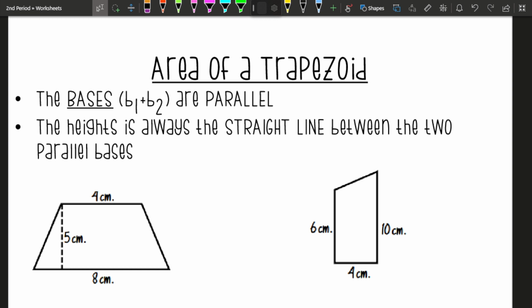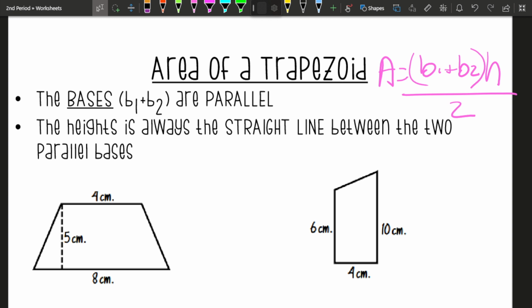So all trapezoids have 2 bases. So that's the first thing that we have to do. And then the height is always a straight line between the 2 parallel bases, the distance between the 2 bases. So again, the formula for this area is base 1 plus base 2. Then we're going to multiply this by the height, and then we're going to take half of that.